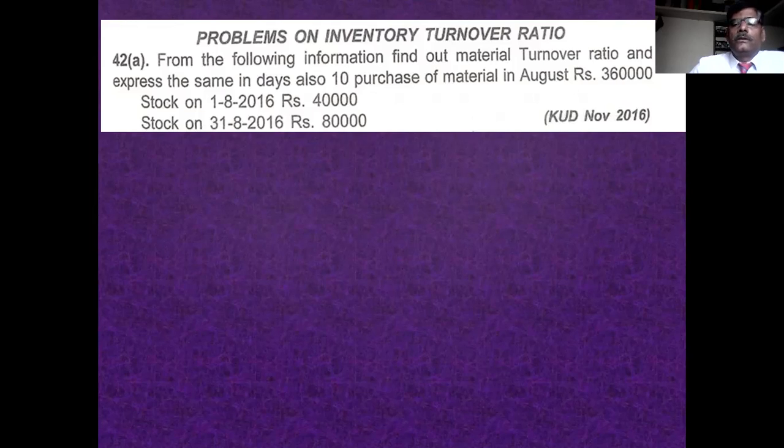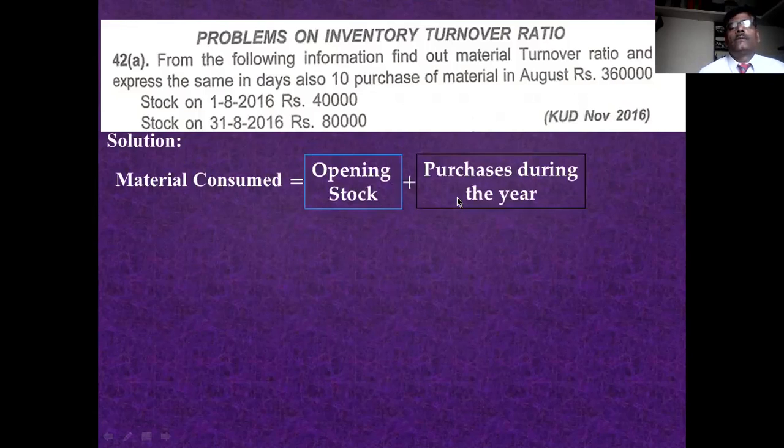Three steps you have to follow. First step is calculate the material consumed. Second step, calculate average stock. Third step, calculate material turnover ratio. Okay, see here. Material consumed is equal to opening stock plus purchase minus closing stock. Here I have taken the year, you write it as month.